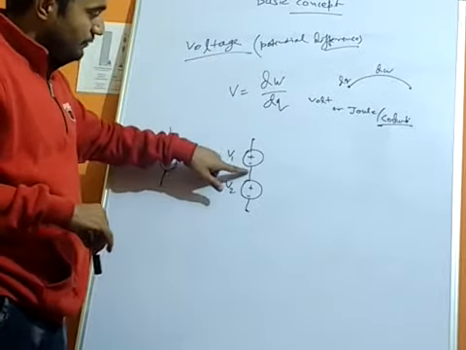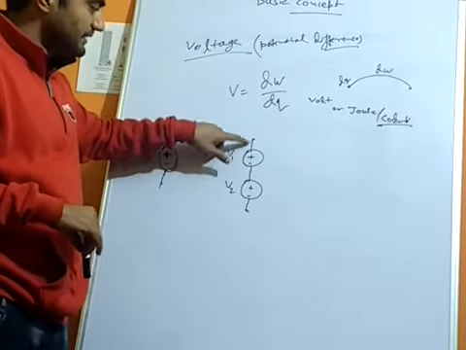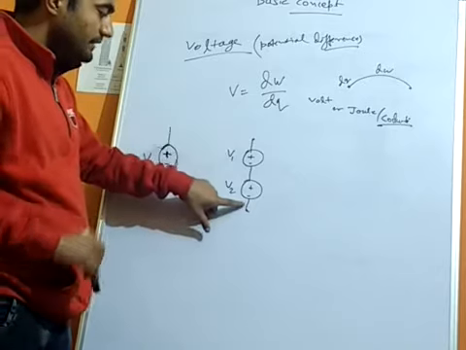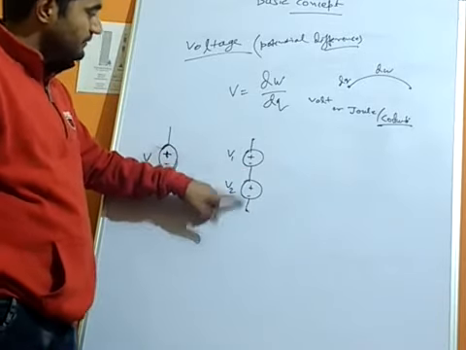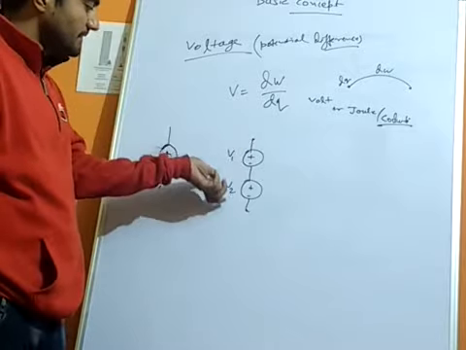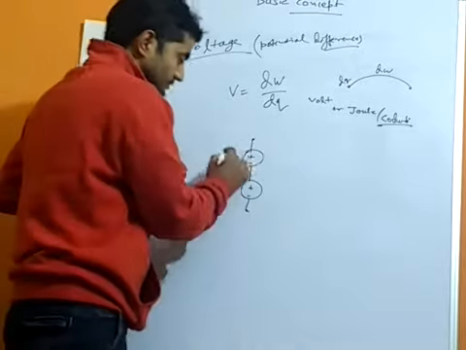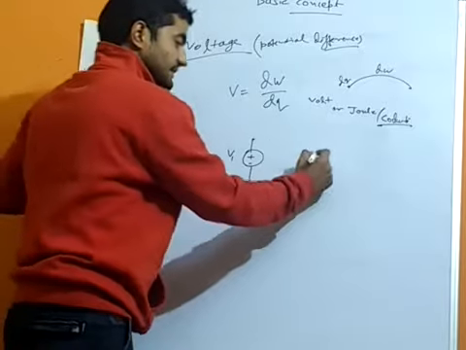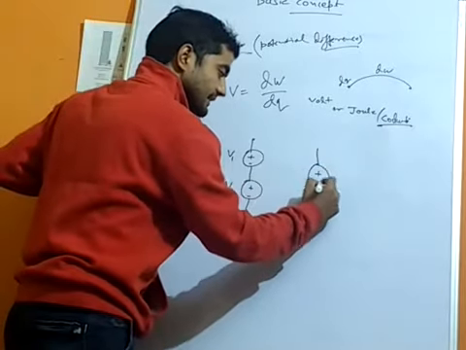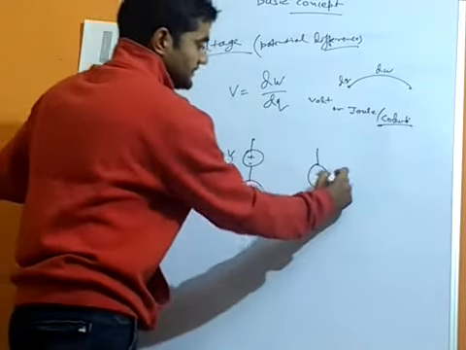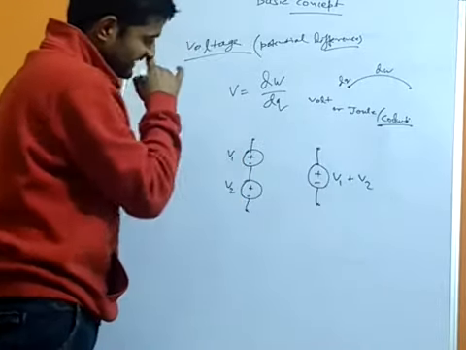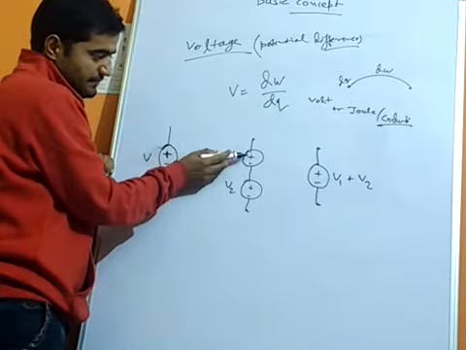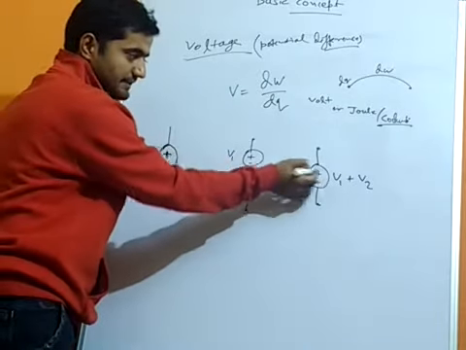So the work done per unit charge from here to here is V1. Work done per unit charge from here to here is V2. So overall work done from here to here will be, of course, the summation of these two. So if two voltage sources are connected in series, then the equivalent voltage source will be the summation of the two, and again the polarity will be considered. Means if here plus then it will be added.